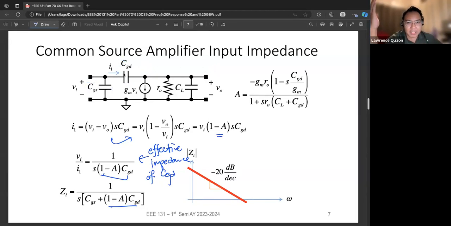So the Miller effect multiplies it by 1 minus A. That's what I was saying earlier, and what we saw in the previous lecture as well, right? So our input impedance essentially compounds into this thing. It has a pole at 0, which means it's just a permanent minus 20 dB per decade.